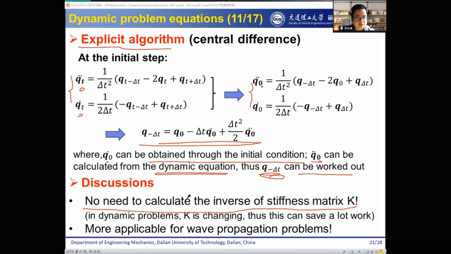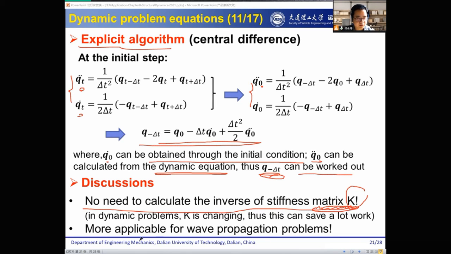This is a very good advantage, because for coding, the inverse of a matrix takes a very long time. It takes much computational power to do the inverse. And in FE analysis, you always have many elements, and then your stiffness matrix is very large. In this case, the inverse is horrible and very hard to do.